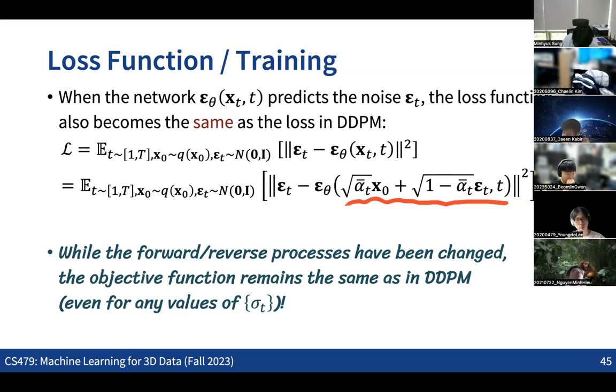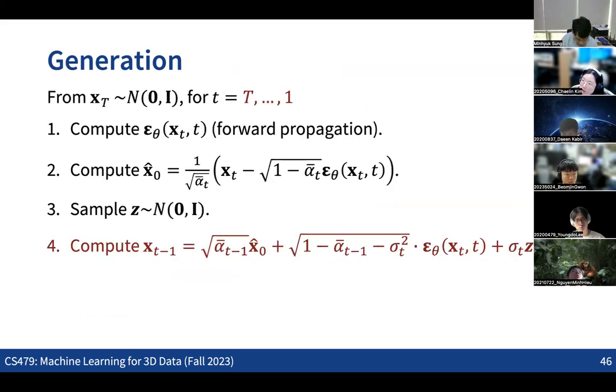Also, even when you choose any arbitrary non-negative values for the sigma t here, the same noise predictor can still be used for the forward and reverse processes of the DDIM. And the generation process is actually exactly the same; the only part that changes is how we compute xt minus 1, because this distribution has been changed.